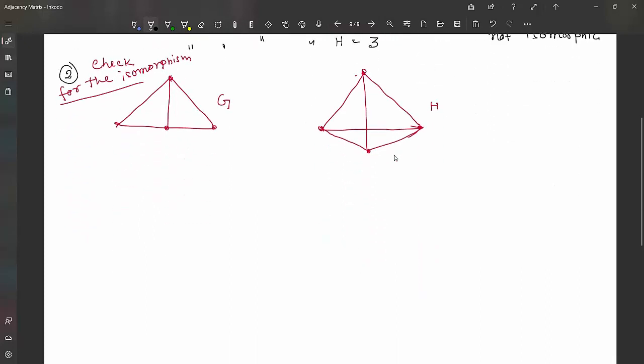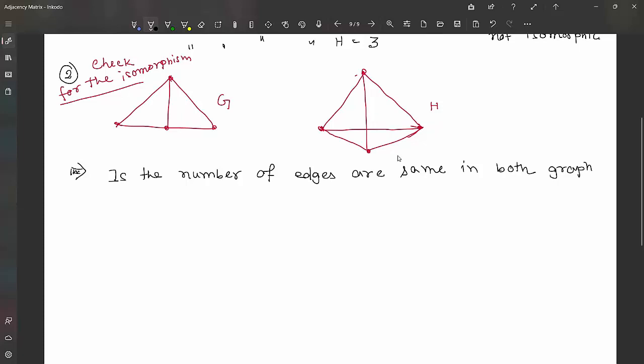Now the second check is whether the number of edges is the same in both graphs. Here you can see 1, 2, 3, 4 and 5.